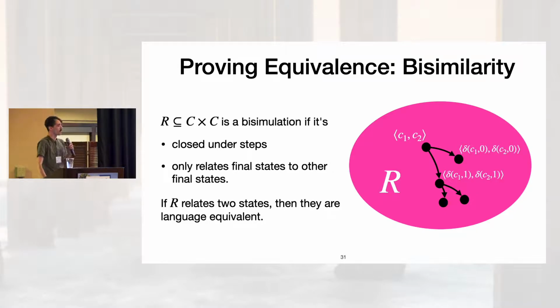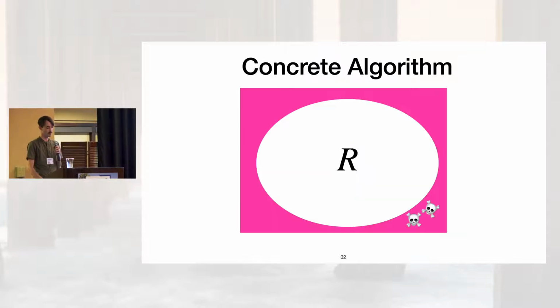And now the problem of proving language equivalence comes down to computing one of these relations. Okay, so a concrete algorithm for doing this, which is based on Moore's partition refinement algorithm, is you start with all the bad states. You actually try to compute by simulation by over-approximating it and removing things.